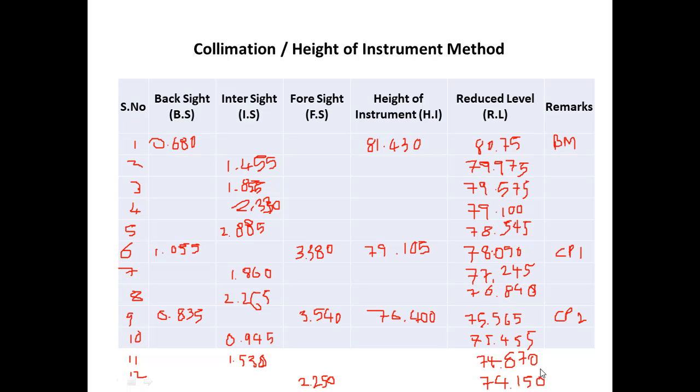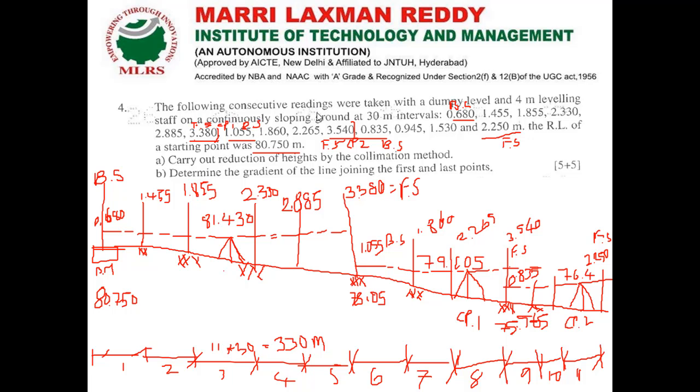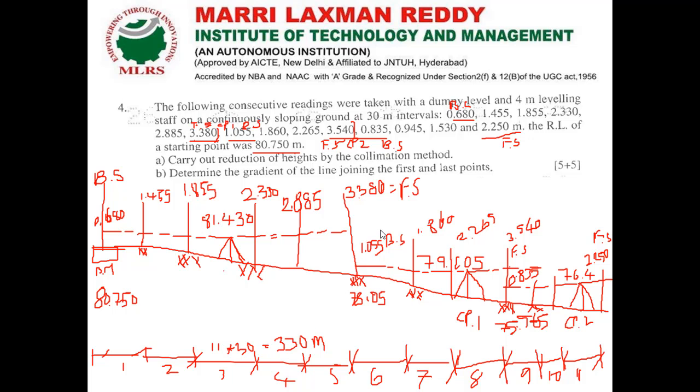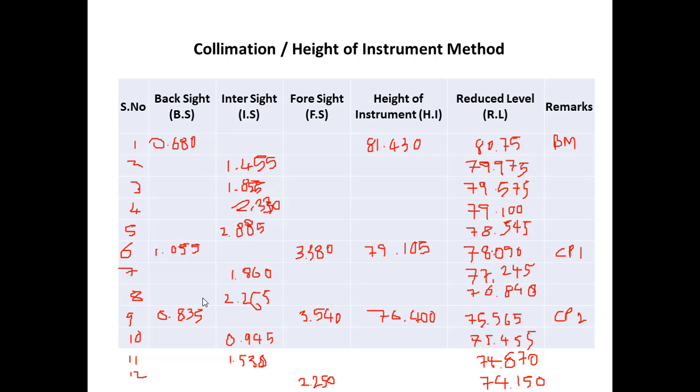For that, the formula for the height of instrument method is sum of backsight minus sum of foresight should be equal to last RL minus first RL. So the sum of backsight readings are 0.680 plus 1.055 plus 0.835 gives the answer of 2.57.